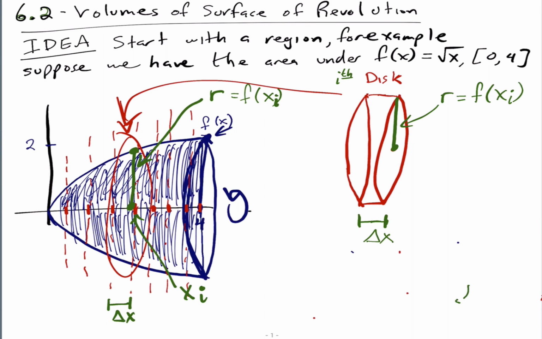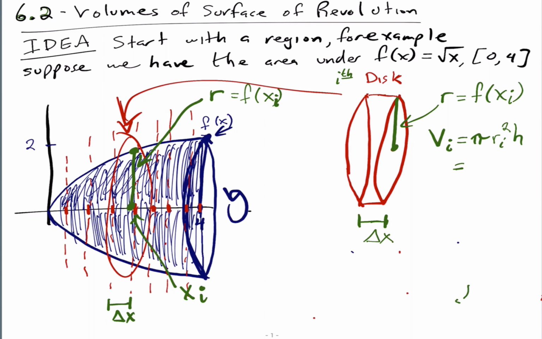All right, so now, what would be the volume of the ith disk? So it's just a cylinder, right? So what's the volume of a cylinder? Almost. Pi r squared, which is the area of the base, right, times the height. So our cylinder is sideways, but it's basically, so pi, right, r squared times the height, right?